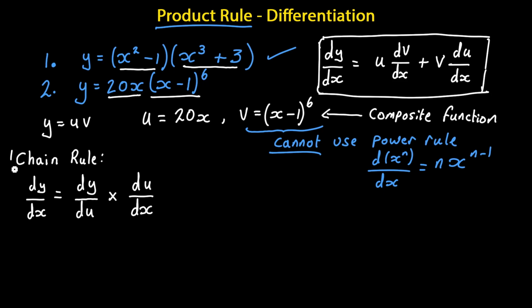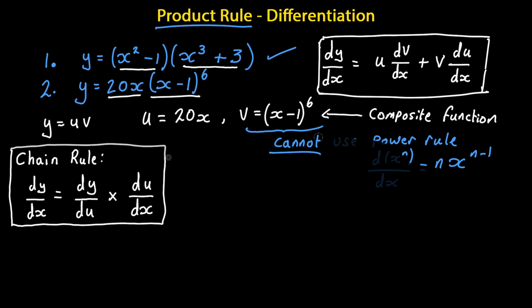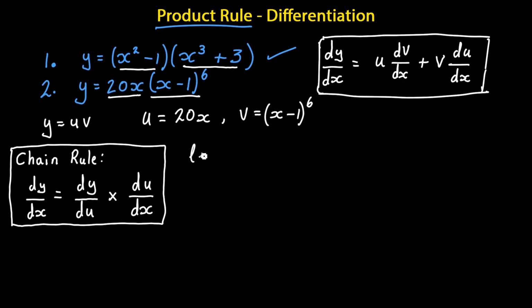Now the u in this example is different to the u above. In this equation, with the chain rule here, we're assuming that y is equal to (x minus 1) to the power of 6. So we're substituting in y for v. And now we're setting u to equal x minus 1 for this example here, for the chain rule.